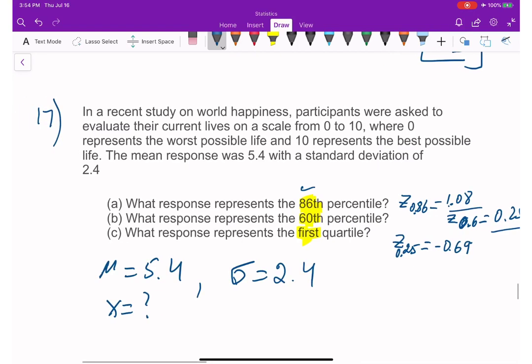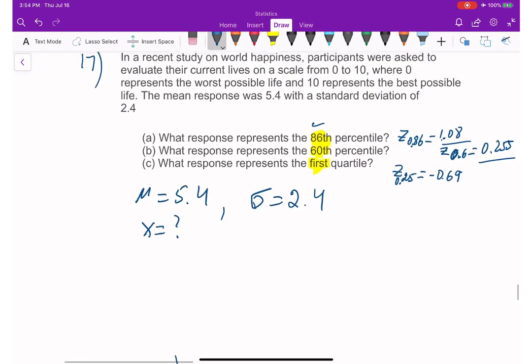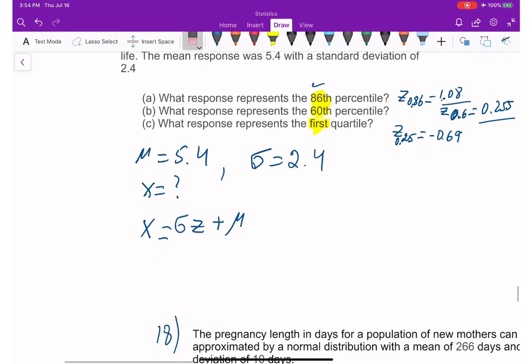Now all we have to do is plug the z-score into the formula: x is equal to sigma times z-score plus mu. Let me clean this up because I'll plug in this formula, and now I will solve one after another.